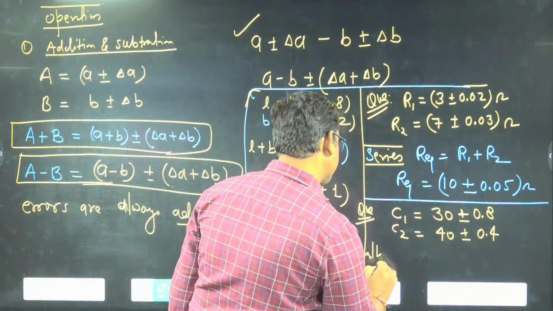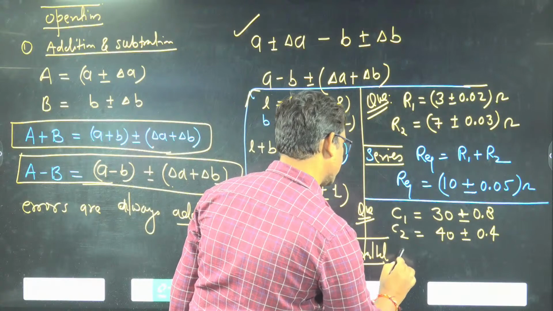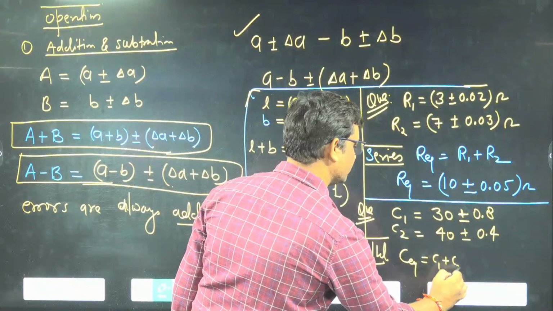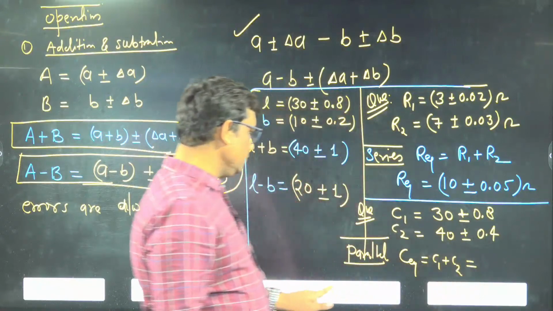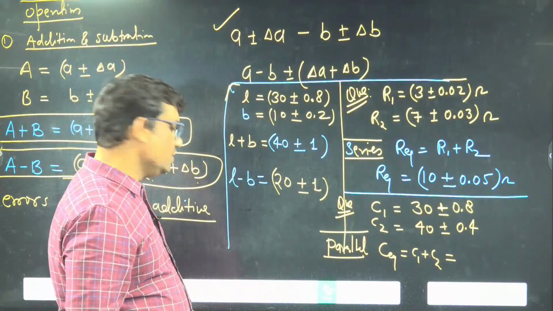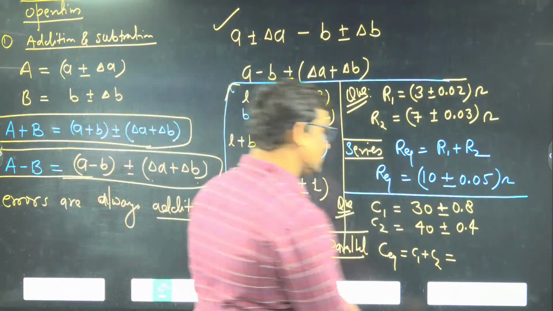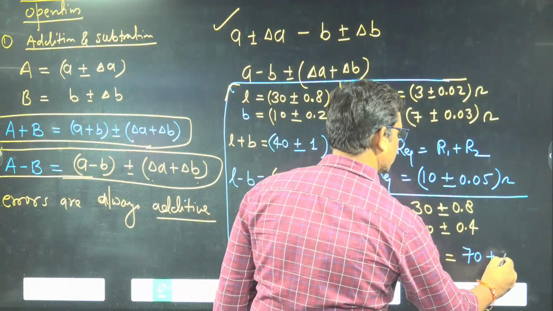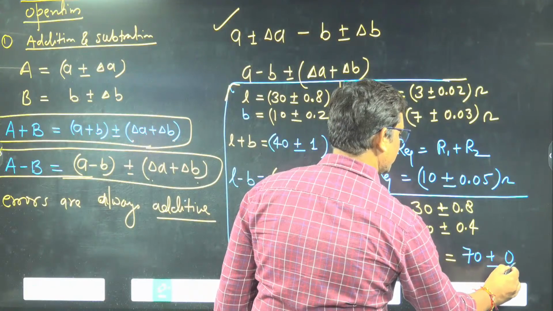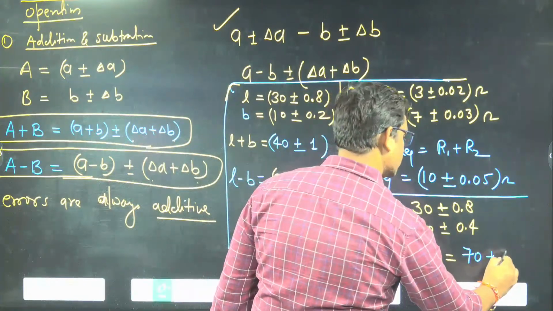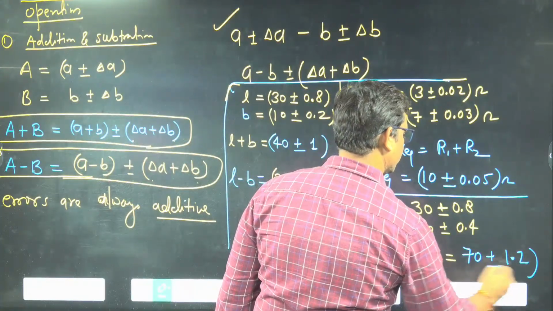Do you remember, in parallel the capacitance is C1 plus C2? So what can we write? The answer will be 70 plus minus 1.2.